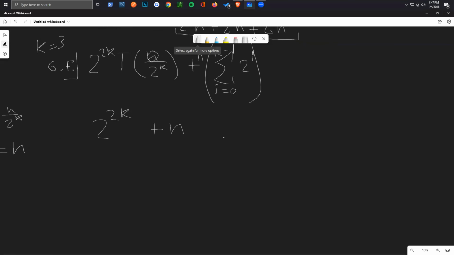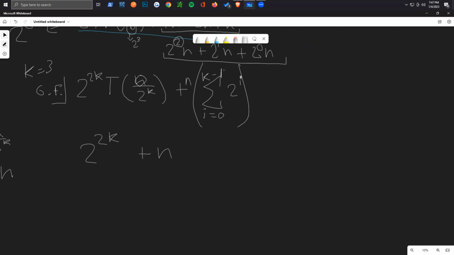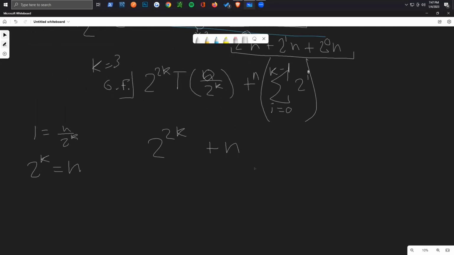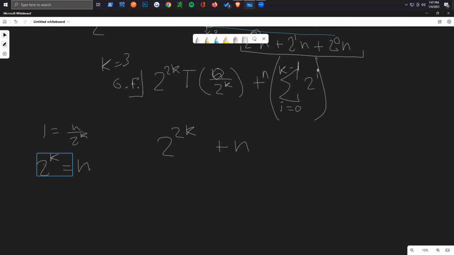So this n right here, how can we figure out what we're actually going to substitute for it? Because we know that 2 to the k is equal to n. And normally in these types of problems, what you might do is substitute n or some sort of term right here.